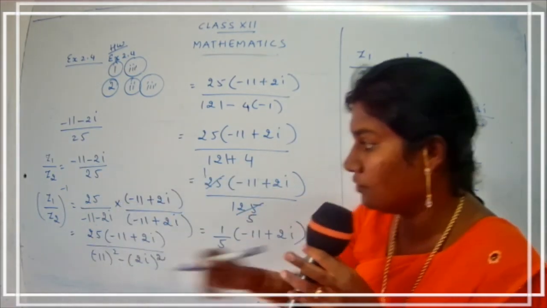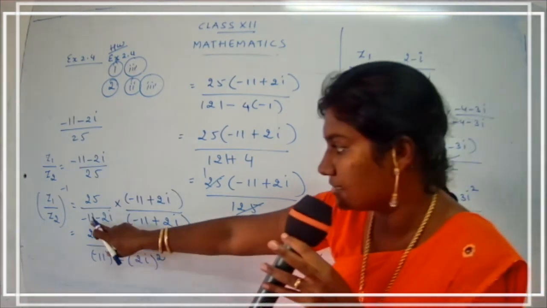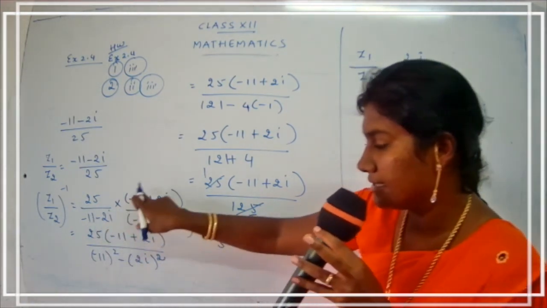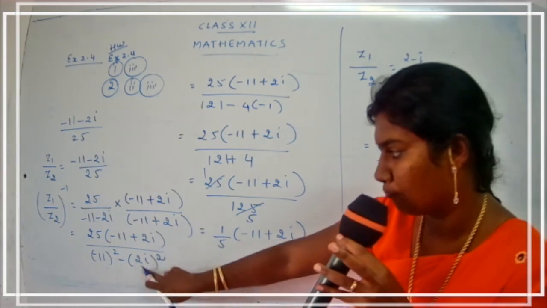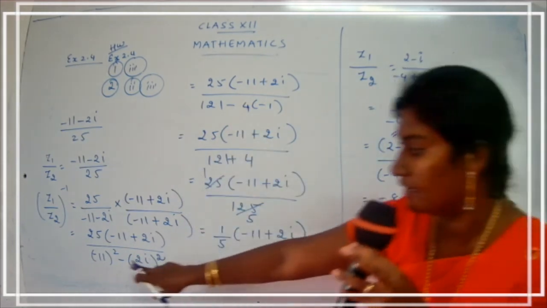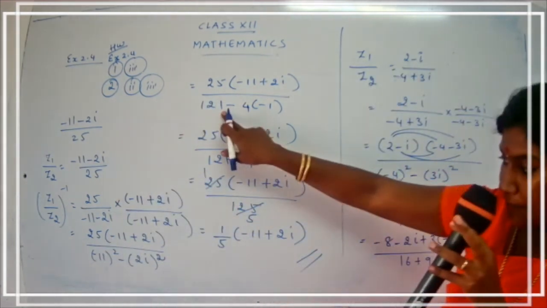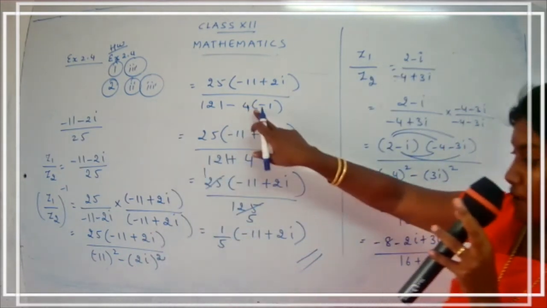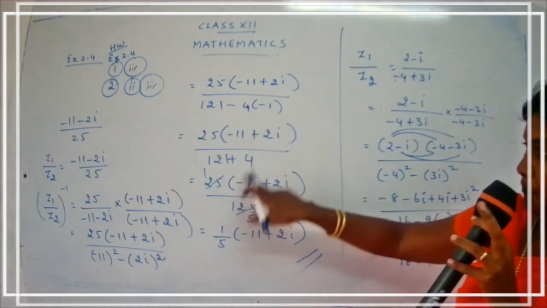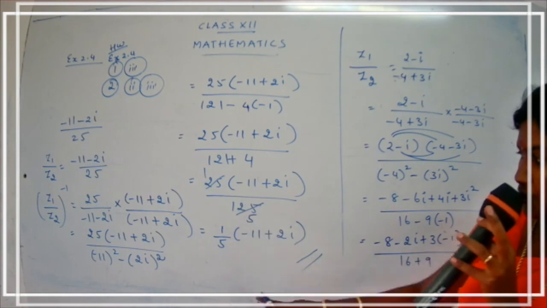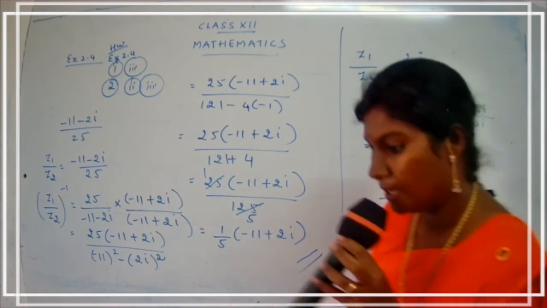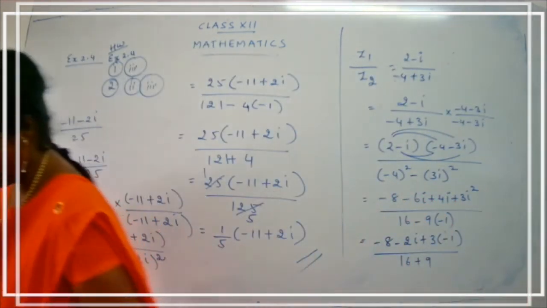So 25 upon minus 11 minus 2i. Take the conjugate of it and simplify it. See, don't get confused. Minus 11 square is 121, minus 2 square is 4, i square is minus 1. So you get the answer: 1 upon 5 into minus 11 plus 2i.